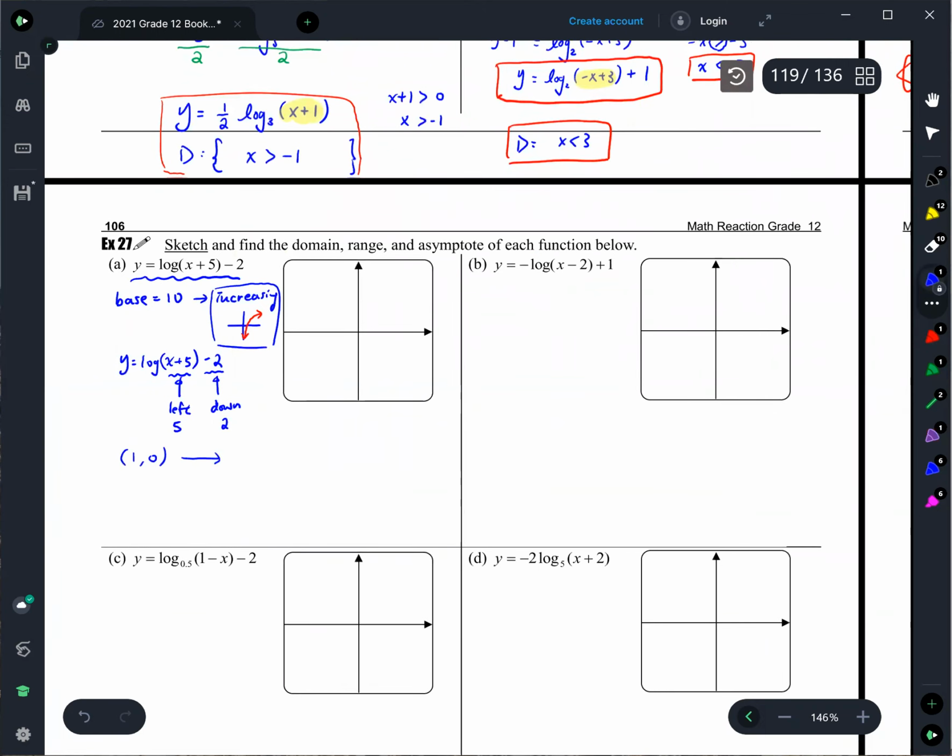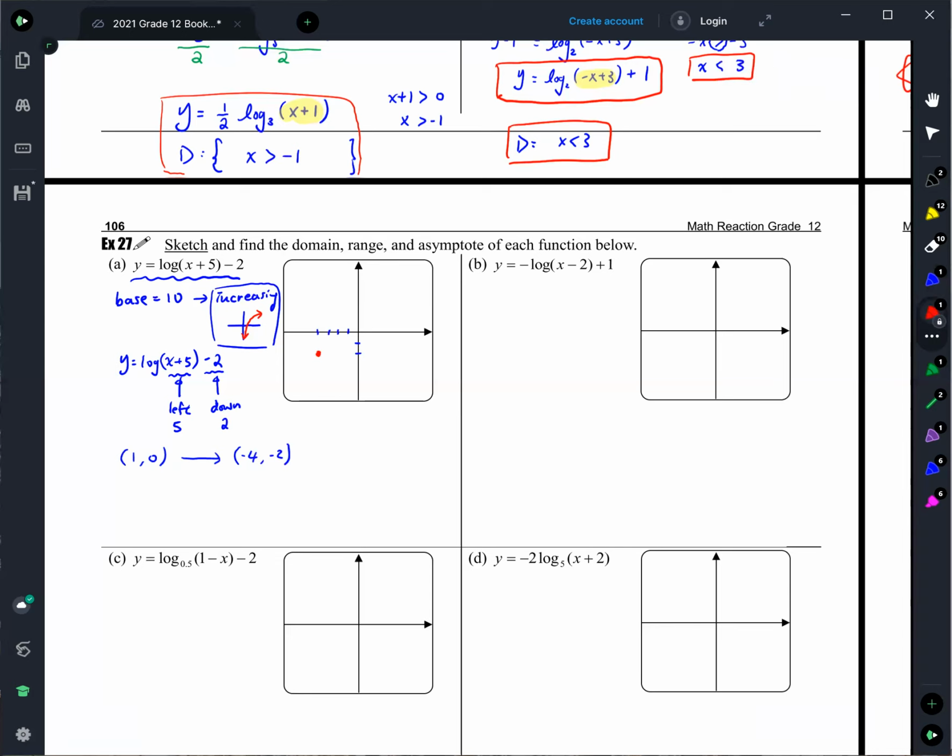Moving it to the left by 5, it becomes -4. Move it down by 2, it will be -2. So we graph that: -4, and -2. So you have your new point.